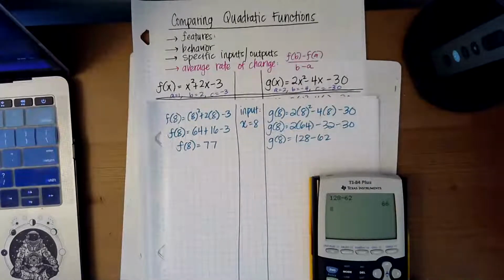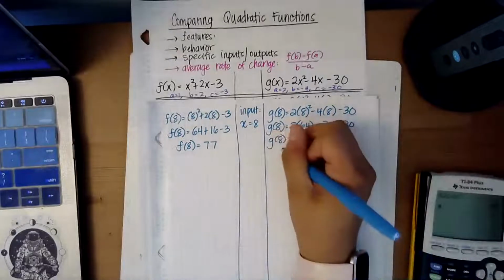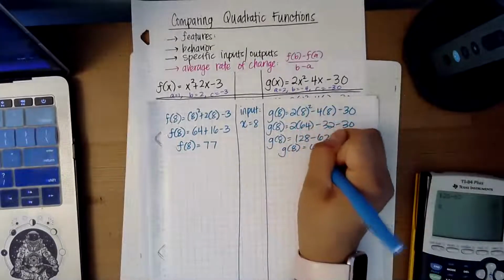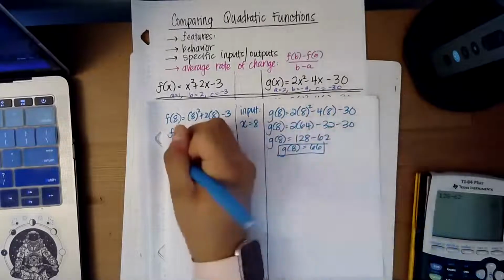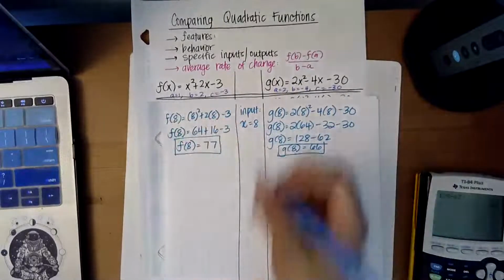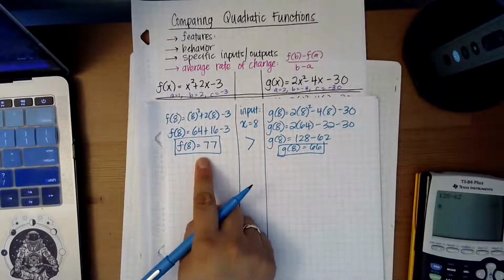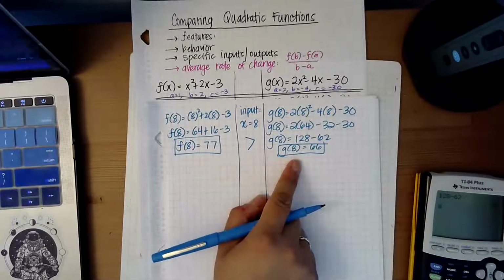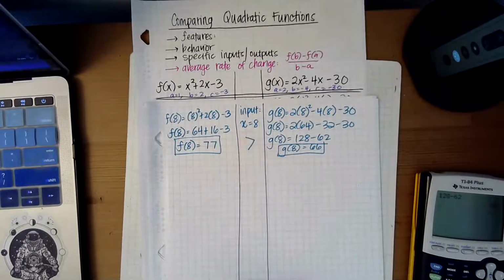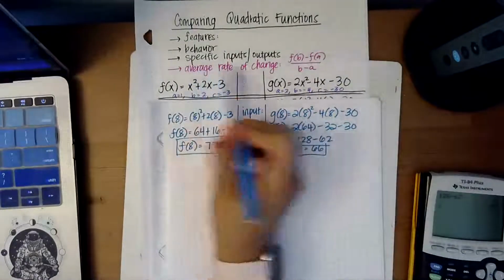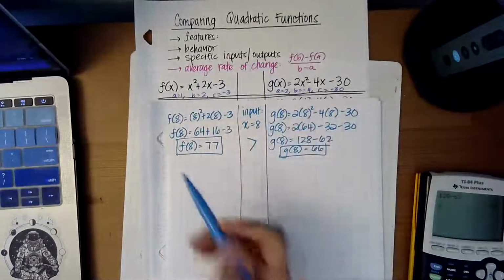That gives me 66. So here I get g of 8 equals 66. If I'm looking at this comparison, we can see that f of x has a greater output than g of x when we're looking at the input of 8. And that's a specific input and output comparison.